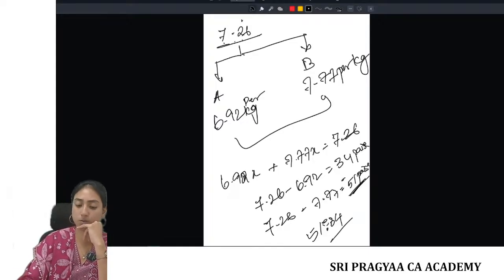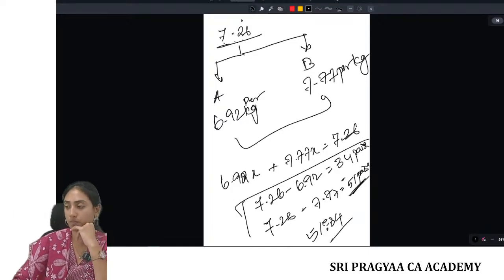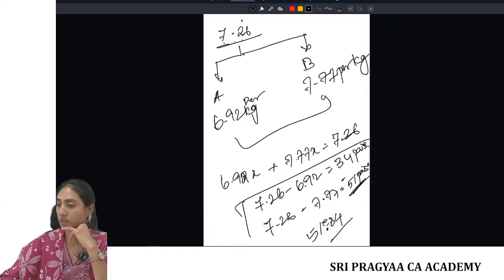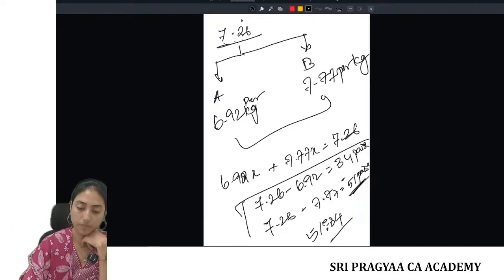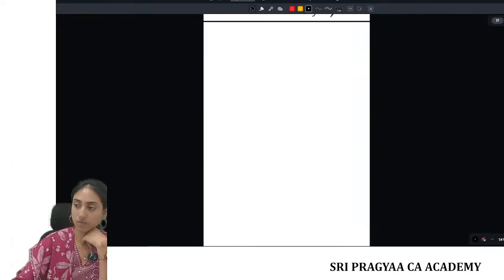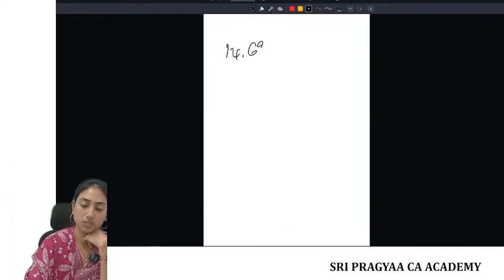X value தான் கண்டுபிடிக்கணும். I just நீ X value கண்டுபிடி. 6.92 plus 7.77 will give me 14.69. X is equal to 7.26 இல்லையா?